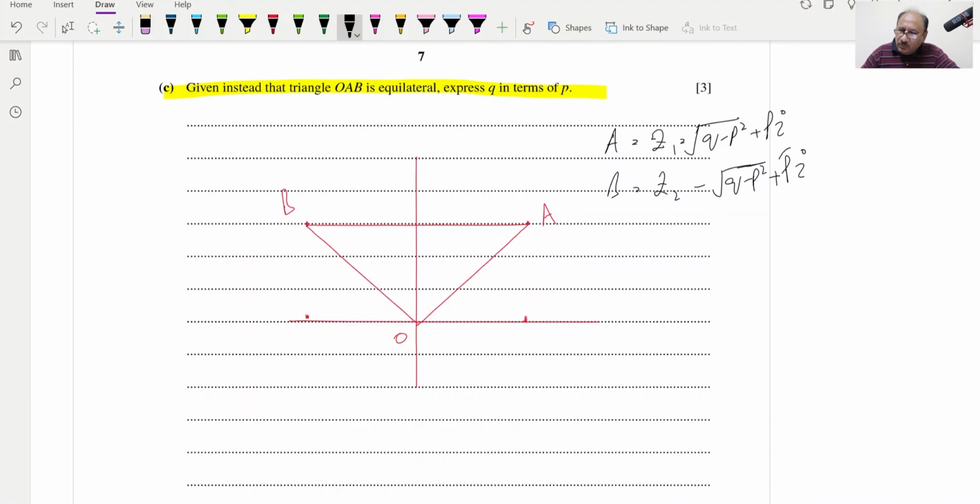So the p value, imaginary value, is the same in both.